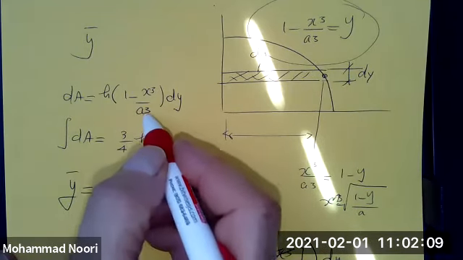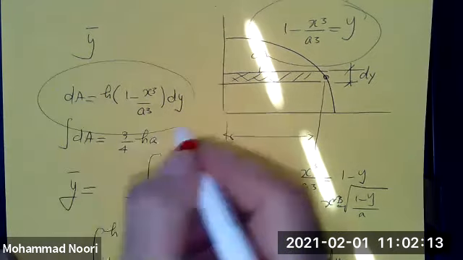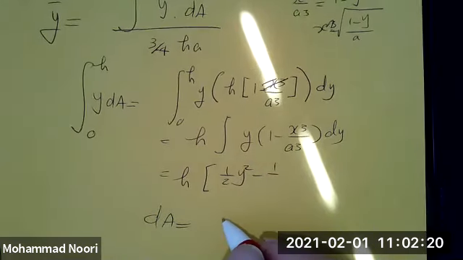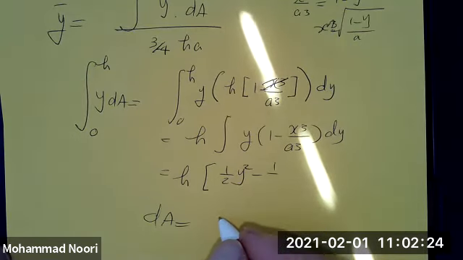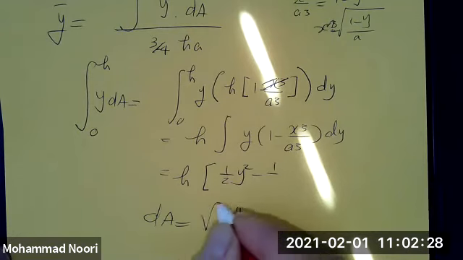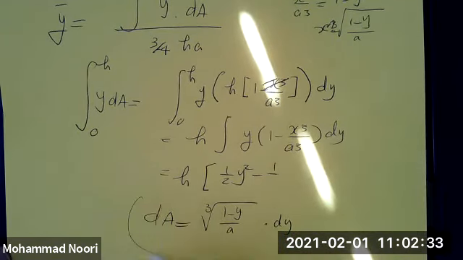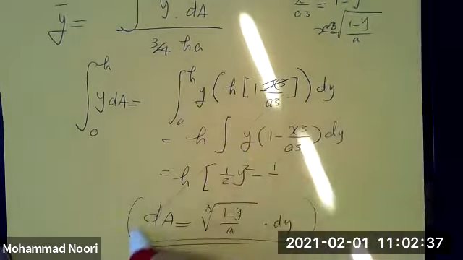So the dA that I did here, I should have corrected that. I should have evaluated that, but never mind, it's going to be quite a bit of work to do. So it would be the third root of 1 minus y times a cubed, times dy. That's the integral that you have to do, which I did not do.